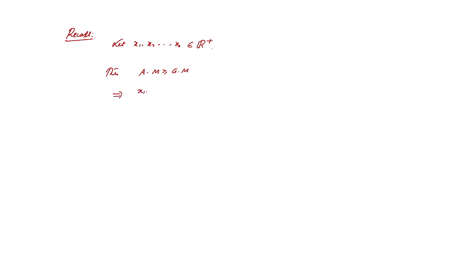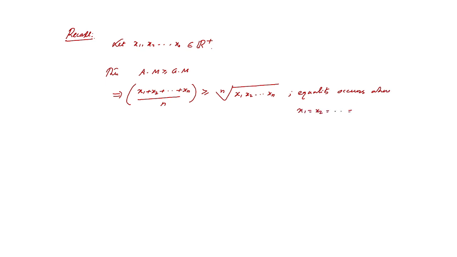So that means (x1 plus x2 plus xn) by n, this is basically the arithmetic mean, this is greater than or equal to the geometric mean, that means nth root of x1 multiplied by x2 xn. And equality occurs when all are basically the same, x1 equals dot dot dot xn.